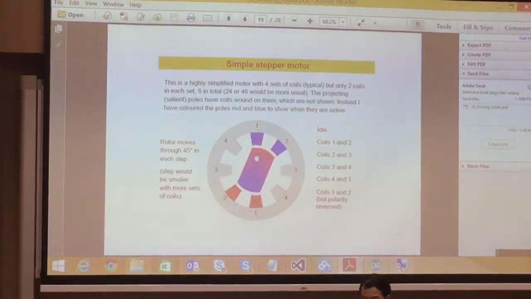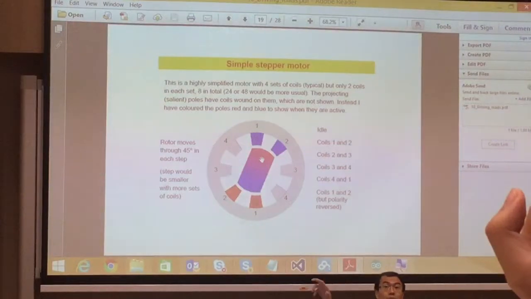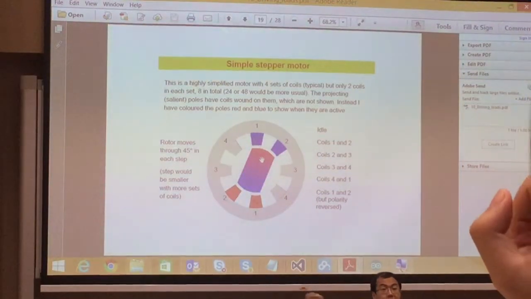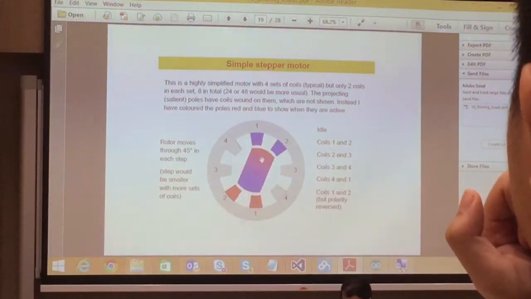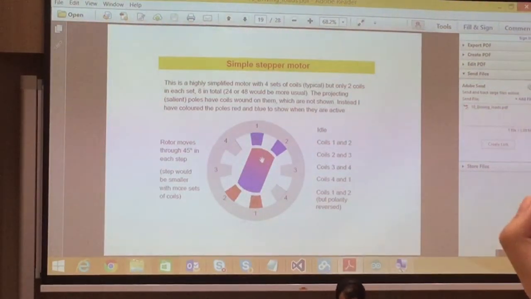So in this way, every rotation now is 22.5 degrees. Okay? So now you see, if you have a motor with more coils, spreading out this circle, if you have more coils, then you can have a finer movement of the motor.